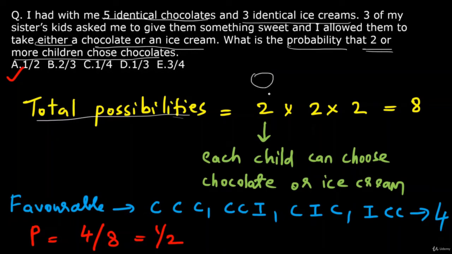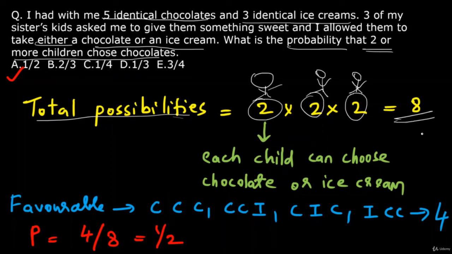Now, what are the total possibilities in this case? Say this is child 1, this is child 2, and this is child 3. Each child can either choose a chocolate or an ice cream, right? So there are 2 outcomes possible for each child. Therefore, the total possibilities is 2 into 2 into 2, which is equal to 8.